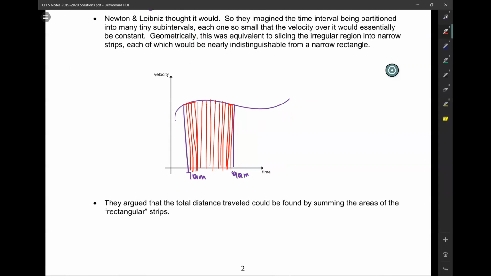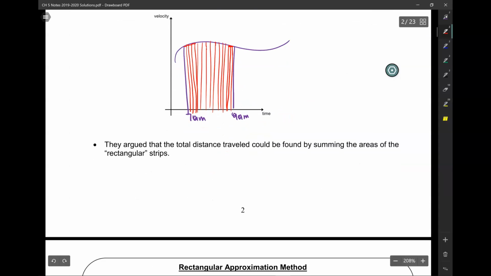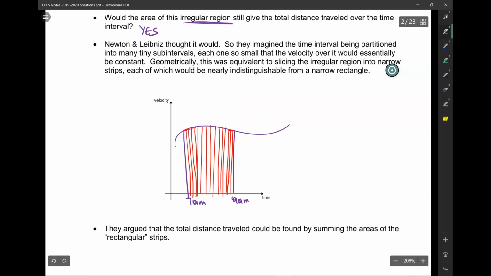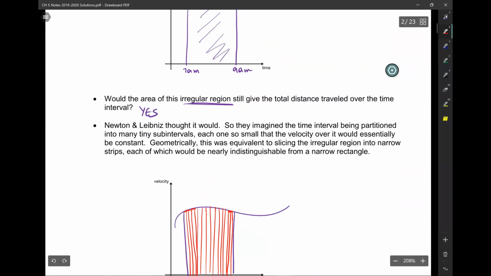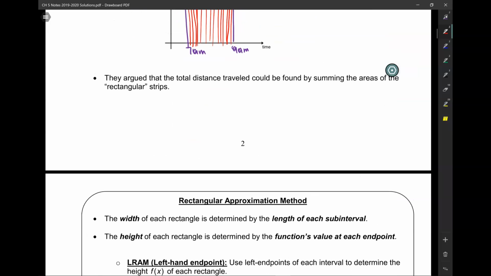Yes? Does it matter that it's not constant velocity? Well, that's why we're doing tiny rectangles. If it was constant velocity, we'd get away with one big rectangle. Yes? So are you saying that as you get infinitesimally smaller and smaller rectangles, the approximation gets closer to the actual value? Yes.